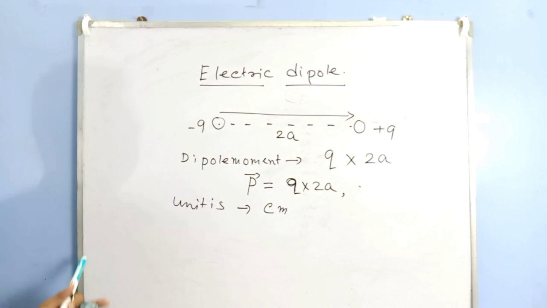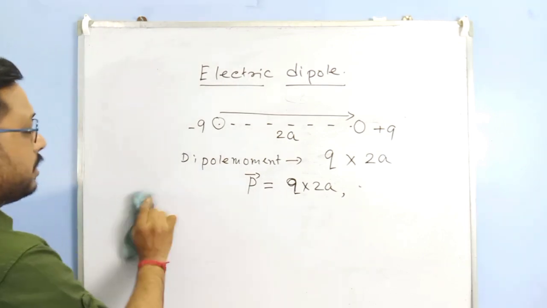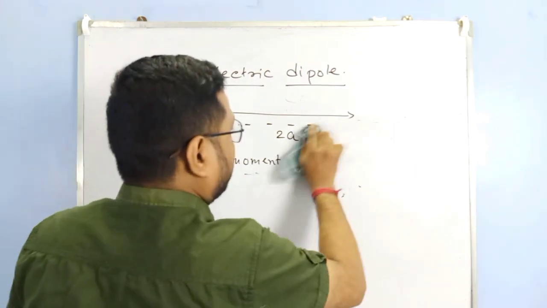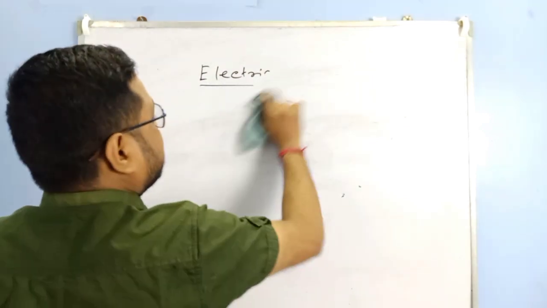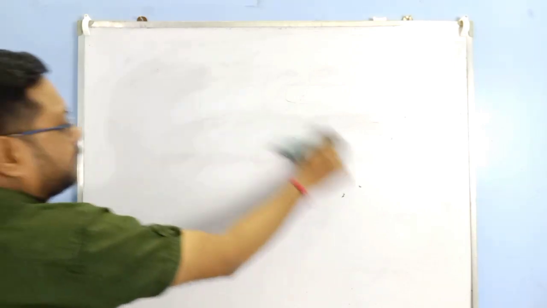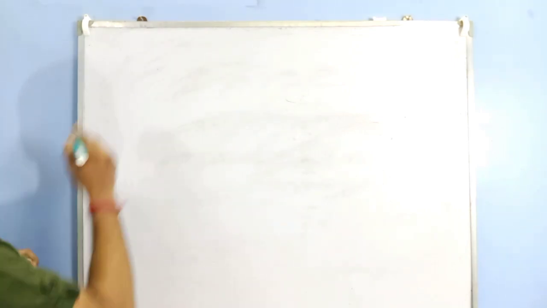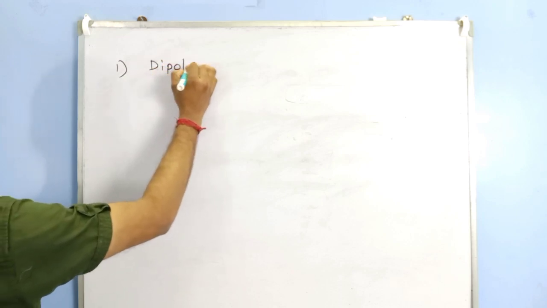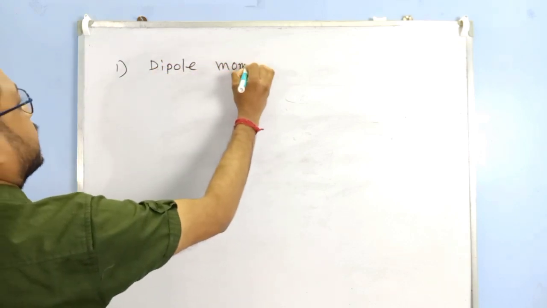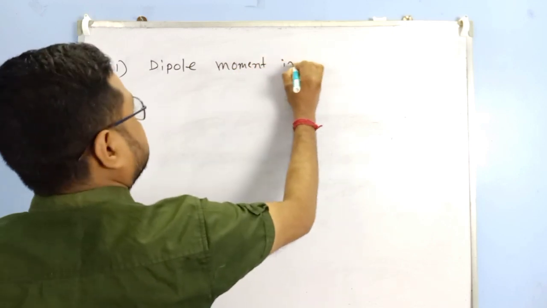Now we can find the electric field of a dipole, of two charges separated by a distance, at an axial point. So we can go with the calculation in the axial point.